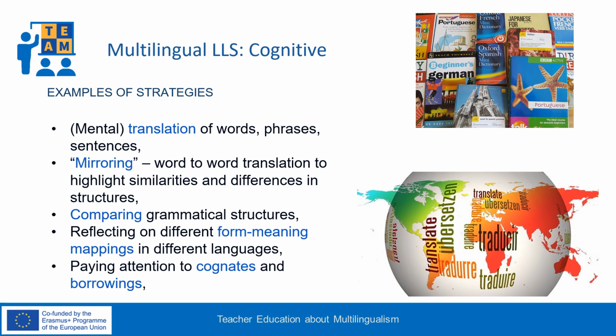Comparing grammatical structures in different languages and reflecting on the similarities and differences between them. Reflecting on different form meaning mappings in different languages and reflecting about how differently the same meanings are expressed in different languages. At the lexical level, paying attention to cognates and borrowings.